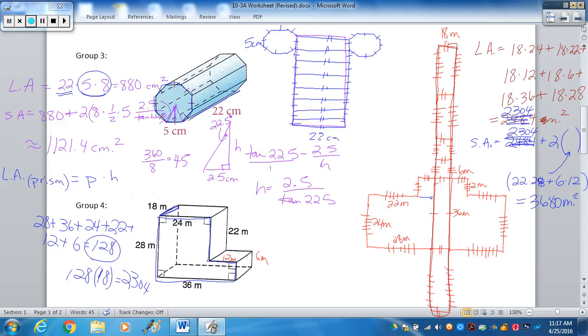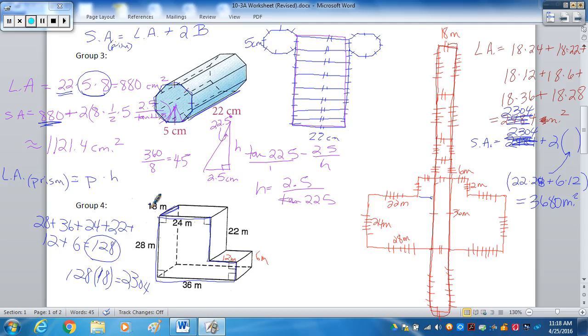Okay. Now, as far as your surface area of your prism is concerned, the surface area of the prism is going to be your lateral area, which you saw that in every single one of them, 2,304, okay, we used it again, plus twice capital B. Now, capital B is the base area.